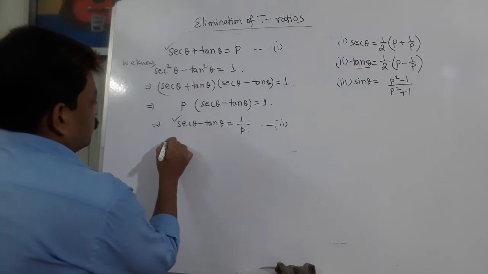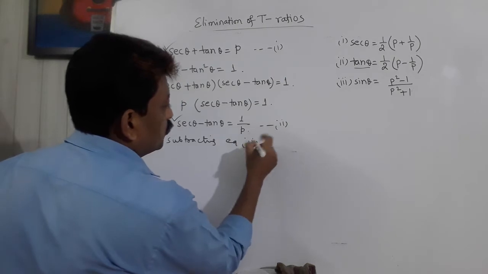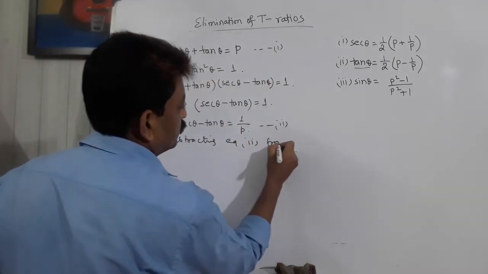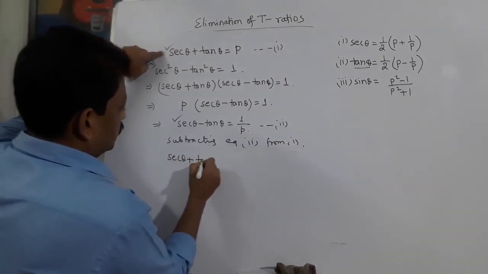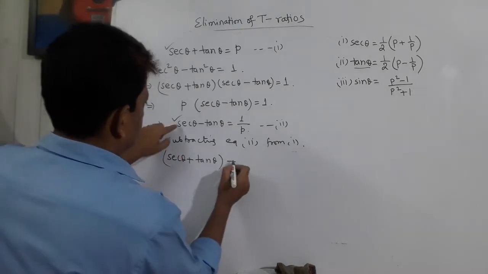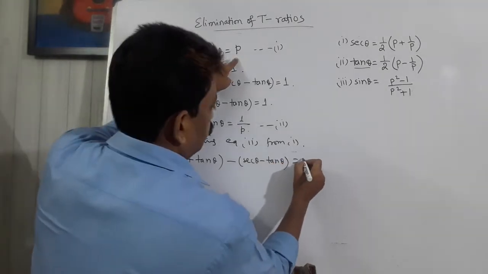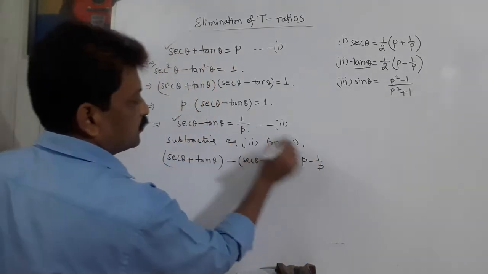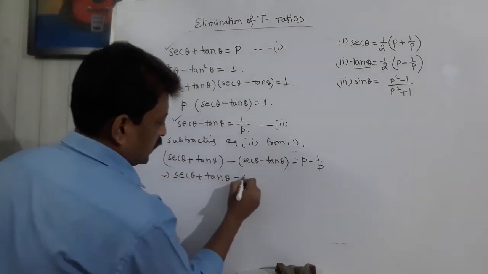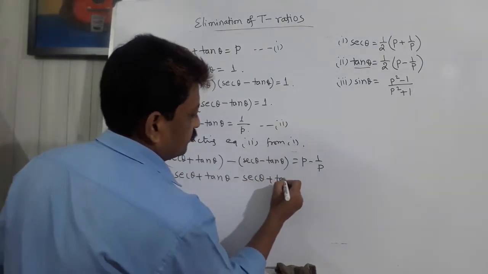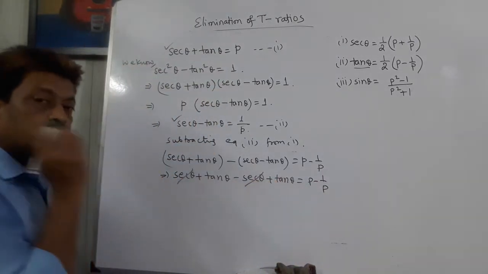So, subtracting equation 2, this one, from 1. So it will be sec theta plus tan theta minus sec theta minus tan theta equals P minus 1 upon P, this one. So let me open the bracket. Sec theta plus tan theta minus sec theta plus tan theta equals P minus 1 upon P. So this sec theta will be cancelled now.